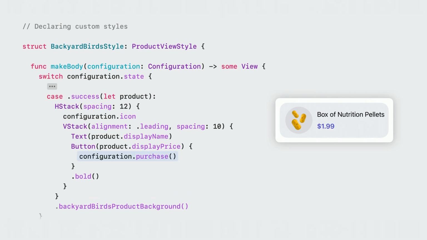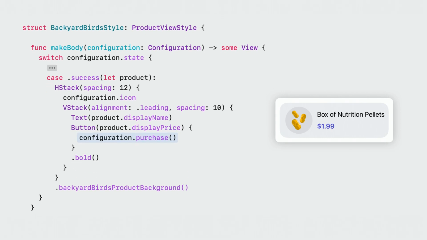When you're adding the purchase button, make sure to use the purchase method on the configuration value, not the product value. Using the method on the configuration will add default purchase options to make sure the payment confirmation sheet displays in proximity to your product view, and also triggers the reactive modifiers, like on-in-app purchase completion.